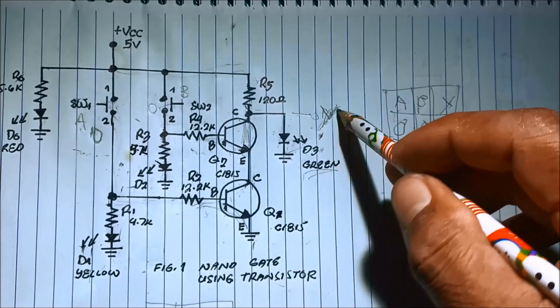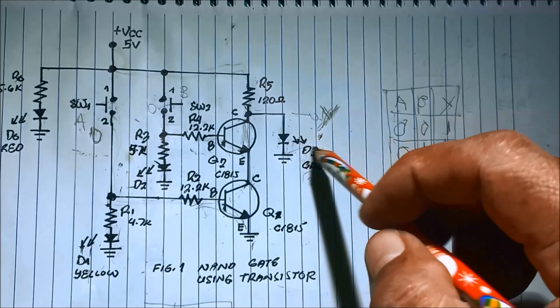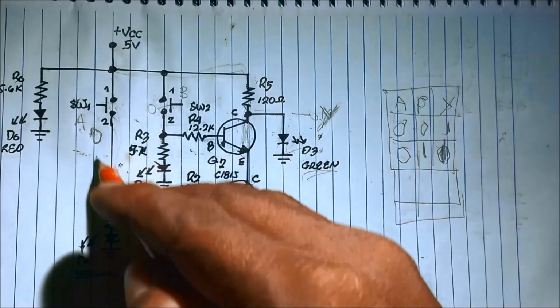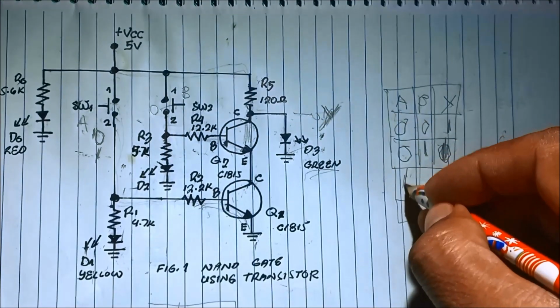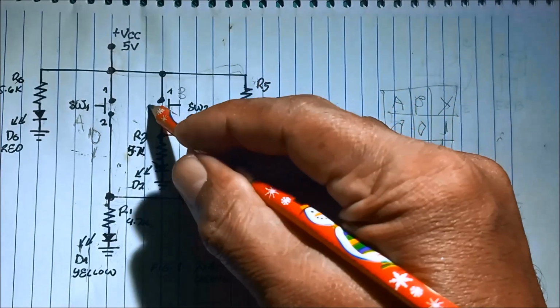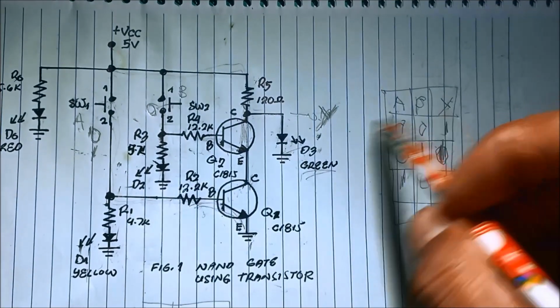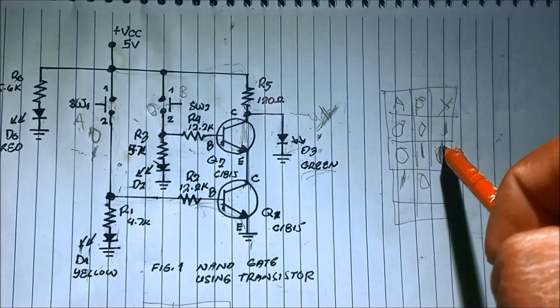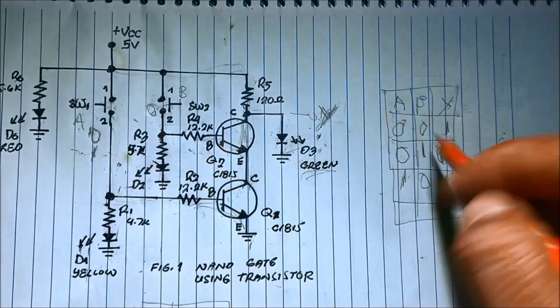The output LED still turns on. If we press the switch 1 and then 0 for the switch 2, still the output LED is 1.